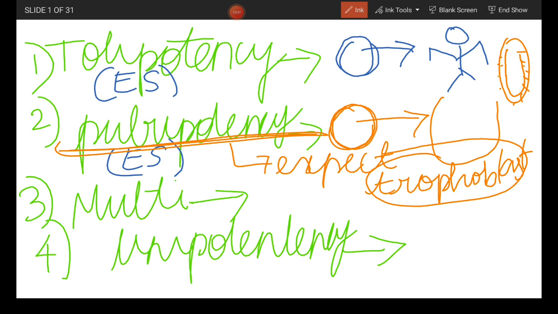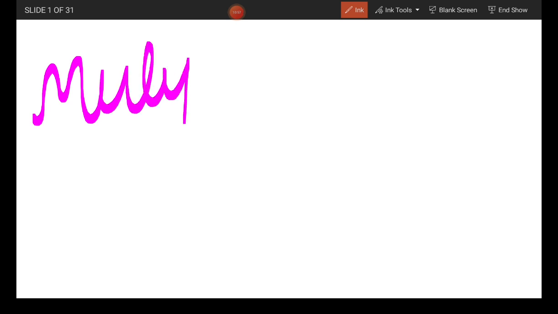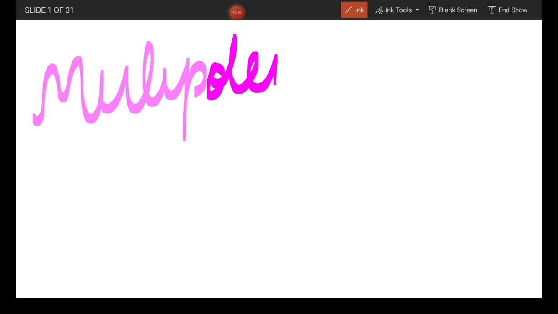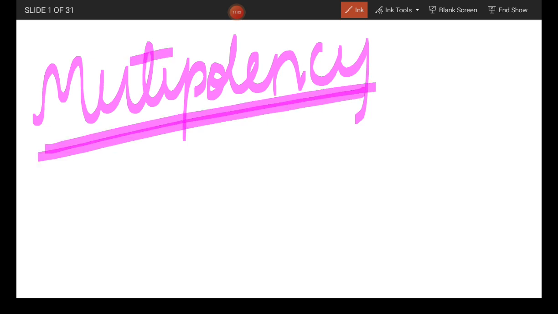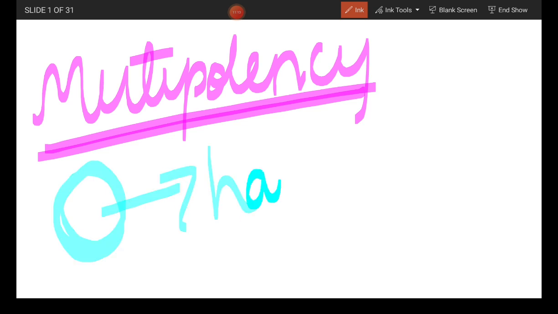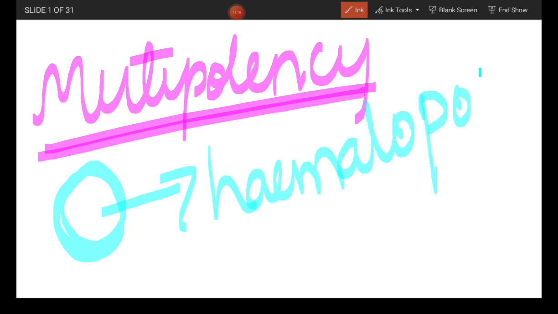Now multipotent: you will see about the multipotent stem cell. What is multipotency? In multipotency, a cell is committed to a small extent. For example, consider the hematopoietic stem cell.